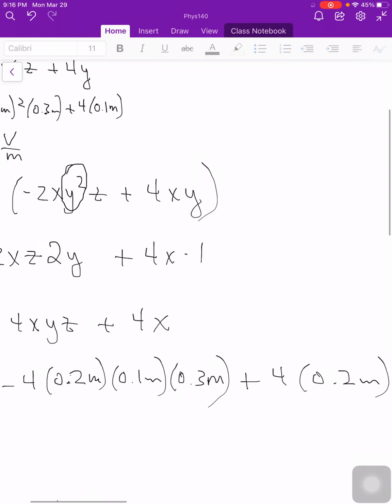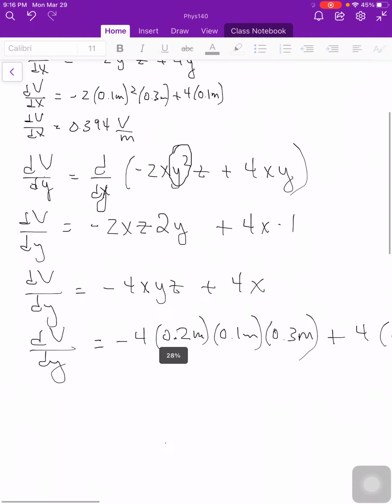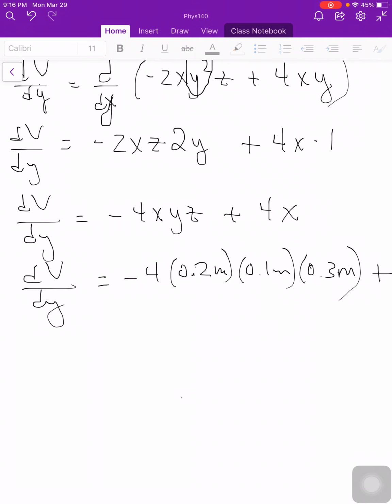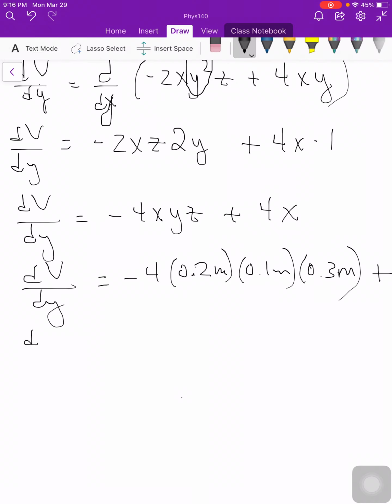When I plug that into my calculator, I get that dV dy is equal to 0.752 volts per meter.